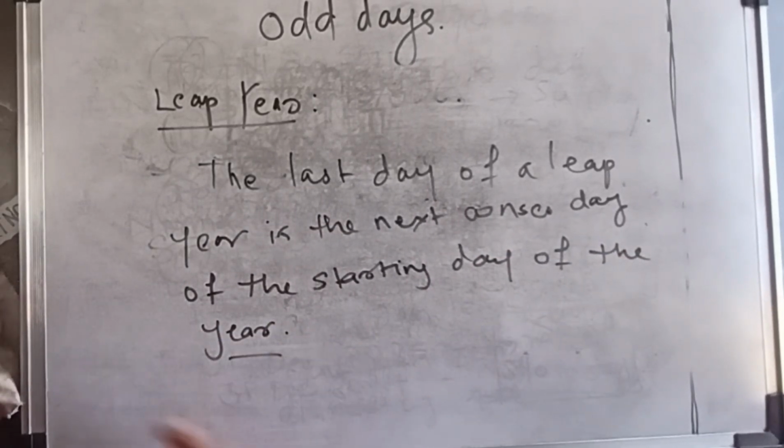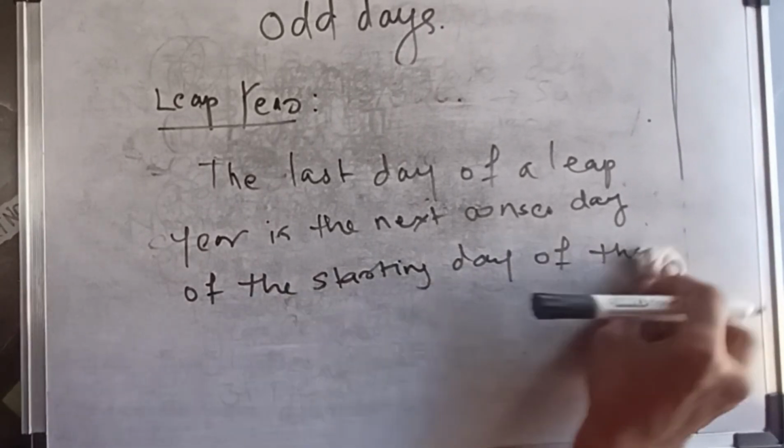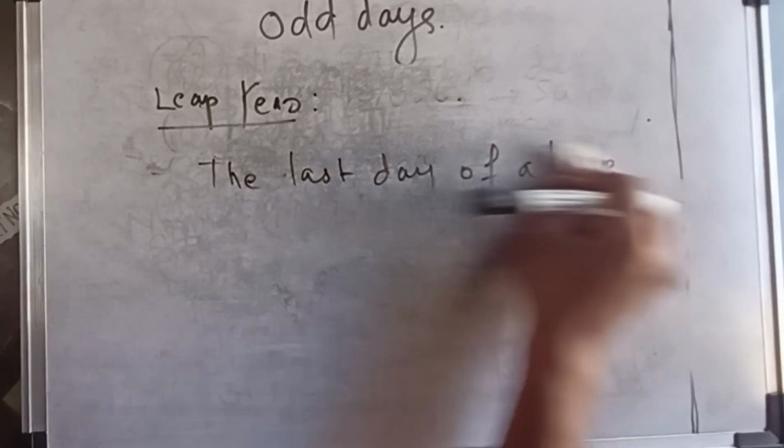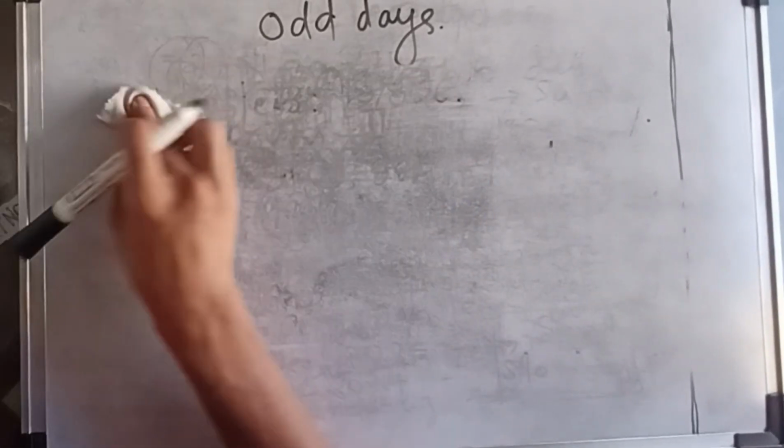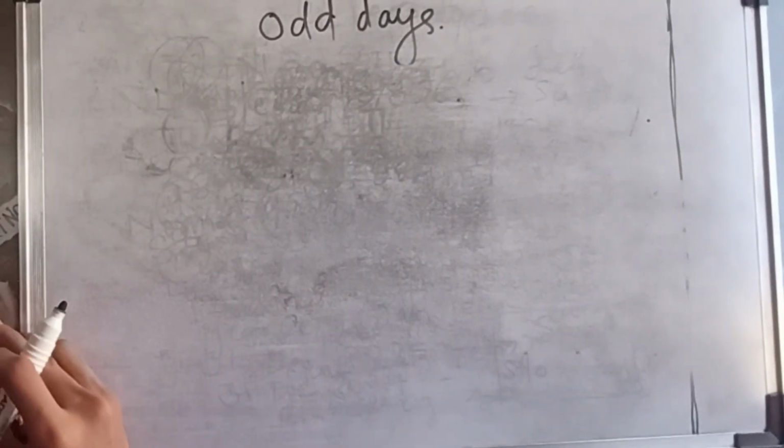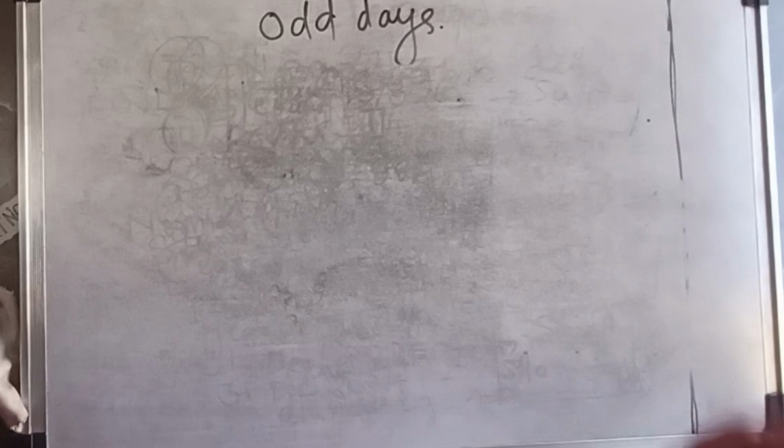Got it? So now we have formulated 2 rules. First, for a normal year, the starting and ending day of a year is the same. For a leap year, the starting and ending day vary by 1 day, which is the next consecutive day.